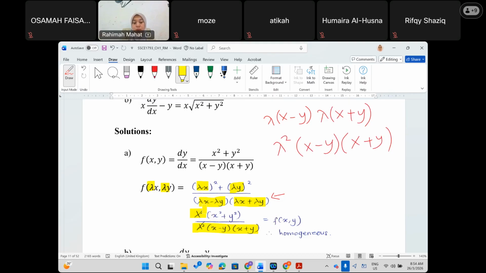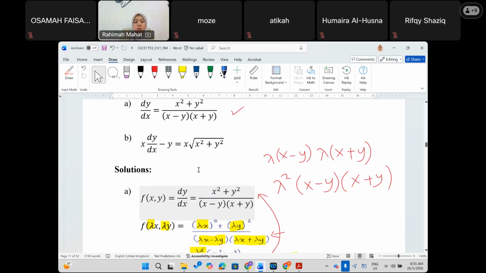So you can cancel the upper lambda and the lower lambda, and you get back the equation here. This one is similar to the original equation, so f of lambda x, lambda y is equal to f of x, y.